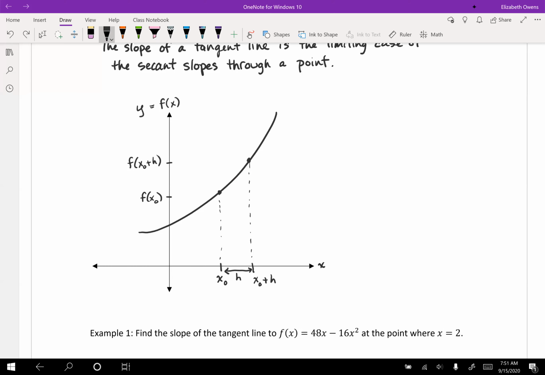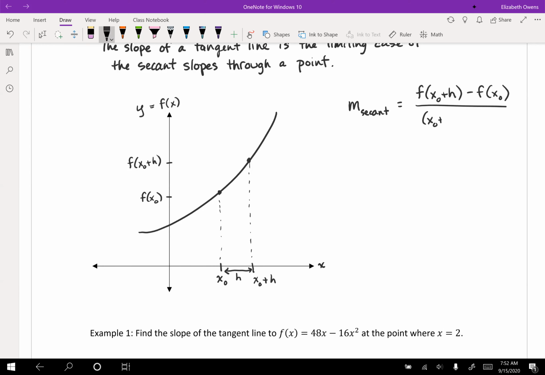Okay. So if you'll recall, the slope of a secant line, when we were just trying to focus on one point, we would say would be f of x naught plus h minus f of x naught over h. Now, where that was coming from is that the h on the bottom here is the distance between the two x values.